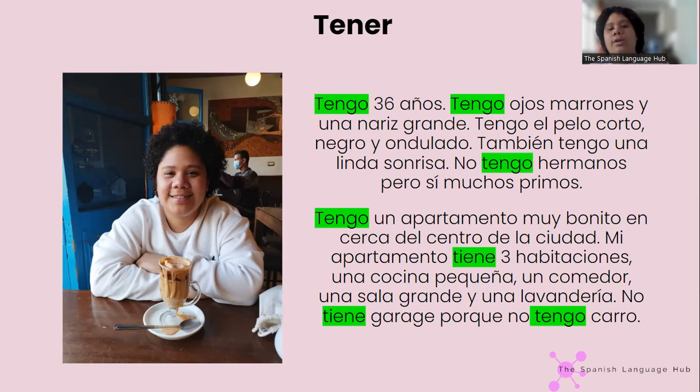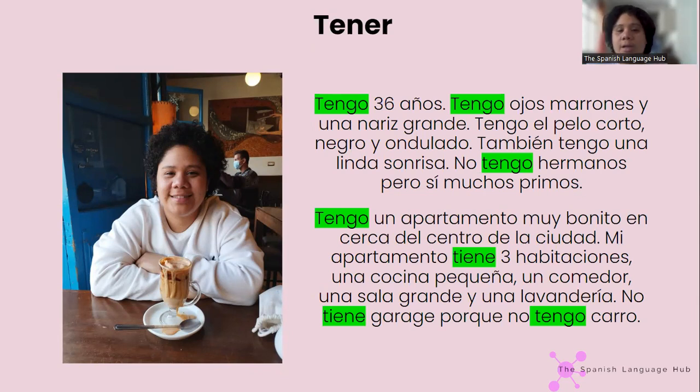Tengo el pelo corto, negro y ondulado. I have short black wavy hair. También tengo una linda sonrisa. I have a pretty smile. No tengo hermanos, pero sí muchos primos. I don't have brothers. I don't have siblings. Hermanos, as a general term, is siblings, brothers, sisters.